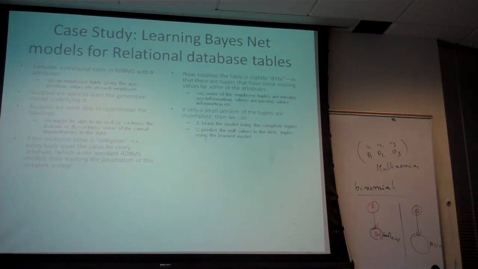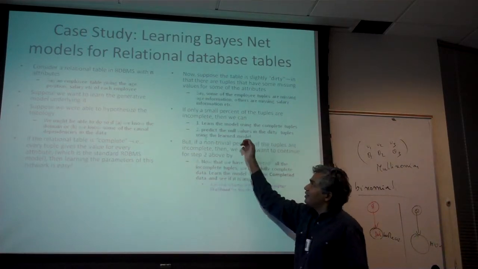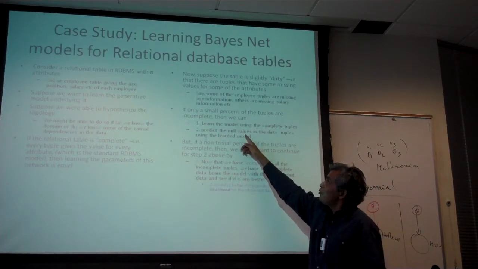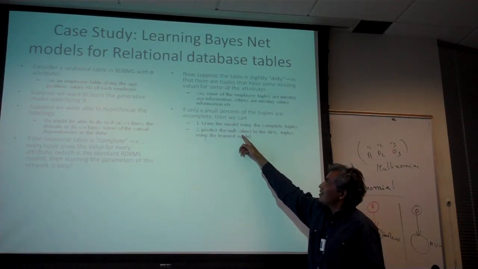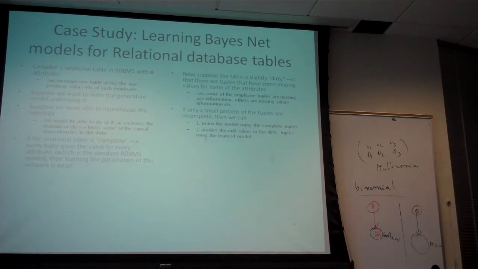Right? Reasonable thing. Now, if you completed this data, now you have more complete data. Shouldn't you learn the model again? This looks like total circular reasoning, right?